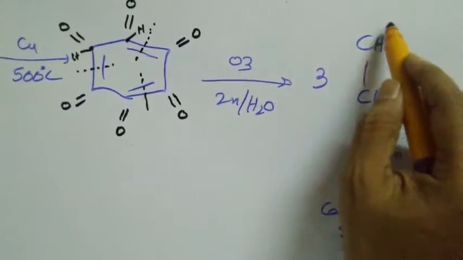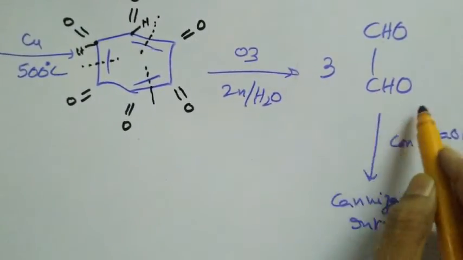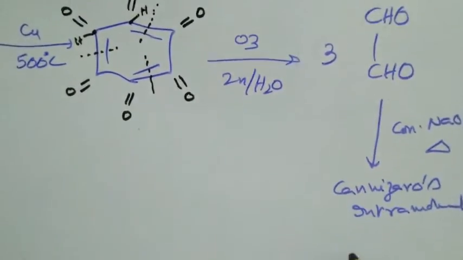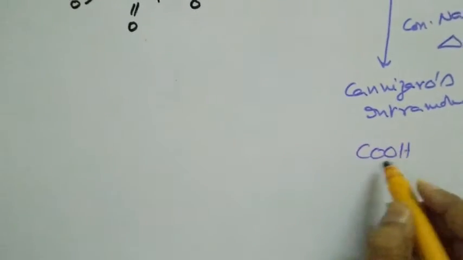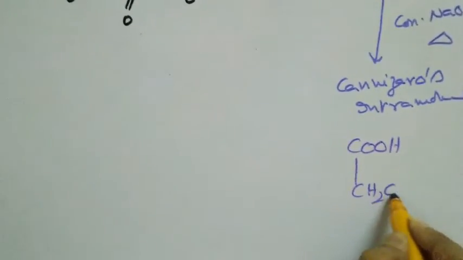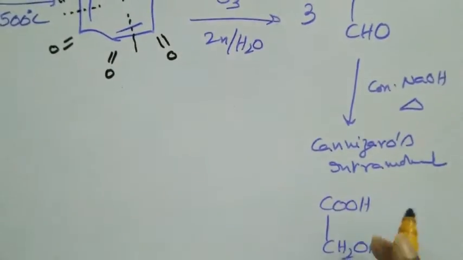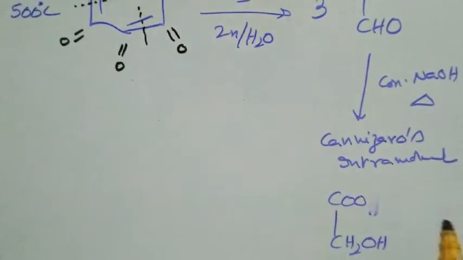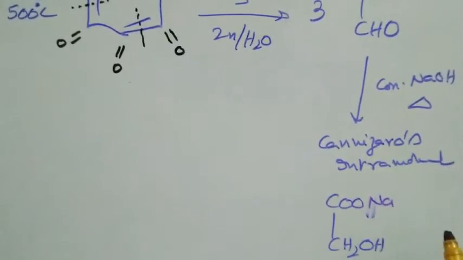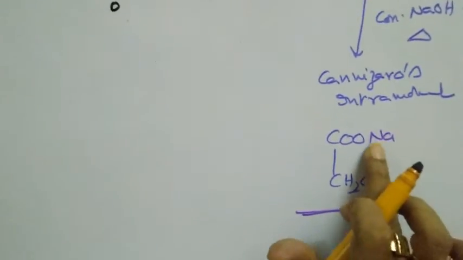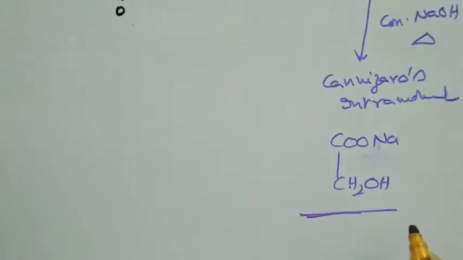So this becomes carboxylic acid part and this becomes alcoholic part like this. COOH single bond CH2OH. This is the product. But because excess base is present, NaOH, this carboxylic acid gets changed to sodium salt of carboxylic acid. So this is the final product obtained.